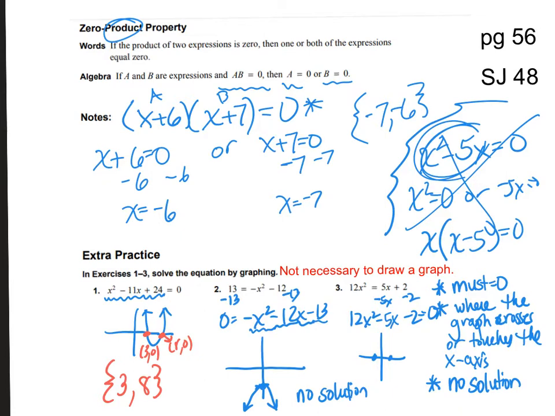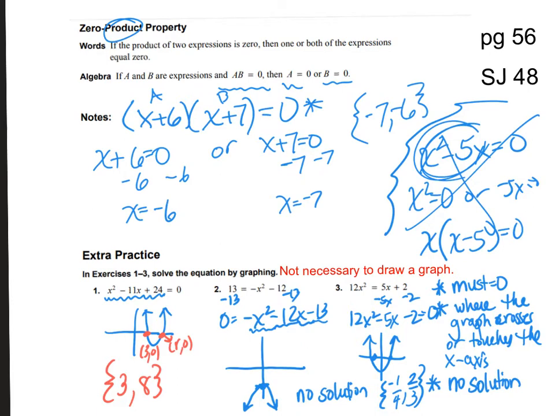That's where this graph would cross or touch the x-axis. So my two answers, I'm not going to use those decimals, I'm going to use my brain. Negative 0.25 is negative 1/4, and 0.666667 is 2/3. Those are my solutions for number 3.